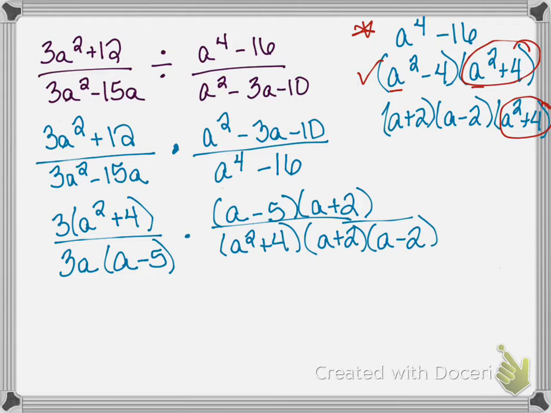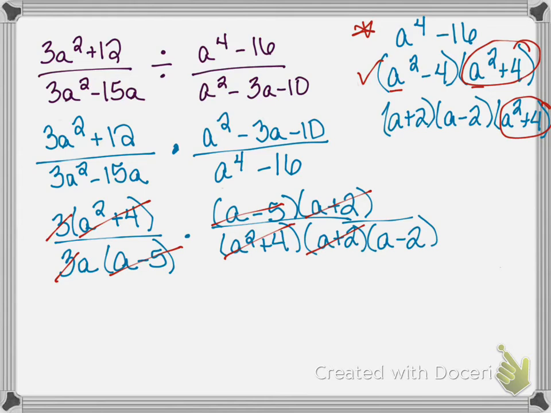Okay, so now let's cancel some stuff out. I've got a 3 and I've got a 3. Be careful of that a in there. Don't go factor crazy and cancel that a out. I have a minus 5 and a minus 5. A plus 2 and a plus 2. Then I've got a squared plus 4 and a squared plus 4.